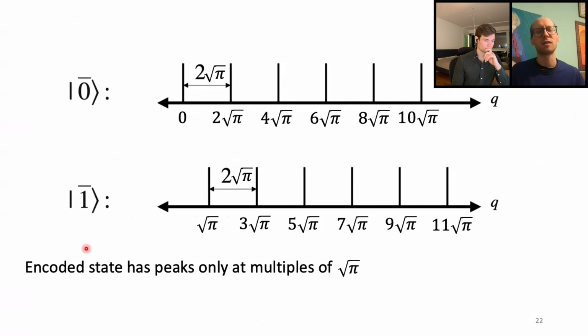Then by the uncertainty principle, you destroy all the information about the P quadrature, but then you can find whether the value that you measured is an even multiple of square root of pi or an odd multiple of square root of pi. If it's even, then you measured 0. If it's odd, then you measured 1. So this is how you can distinguish.